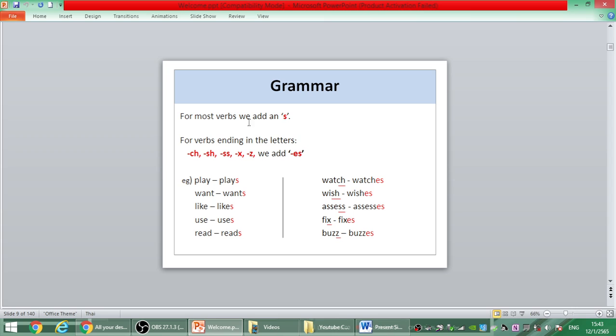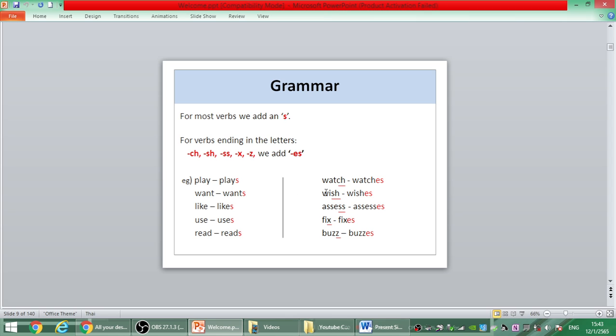For most verbs we add an S. For verbs ending in the letters CH, SH, SS, X, Z, we add ES. So if we take a look over here at these words, here we have one that ends in CH, watch becomes watches.